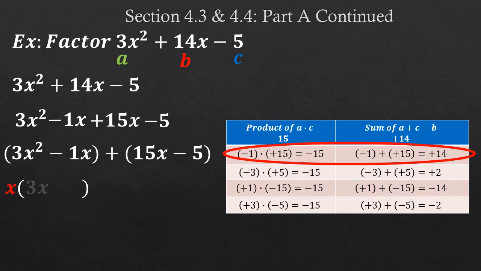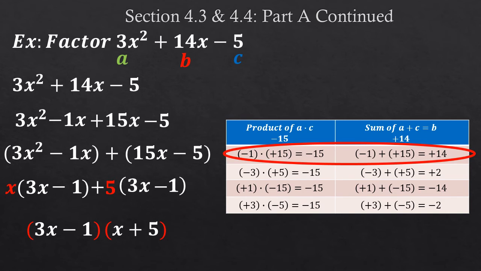If I factor out an x, I'm left with 3x minus 1, plus, in the second section, the GCF is 5. If I factor out a 5, I'm also left with 3x minus 1. Step 3 of the process says if there's a common binomial factor, which there is, we take that out, and what remains is put together, which is the x plus 5.